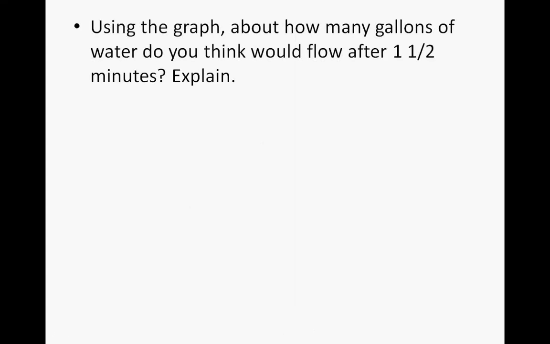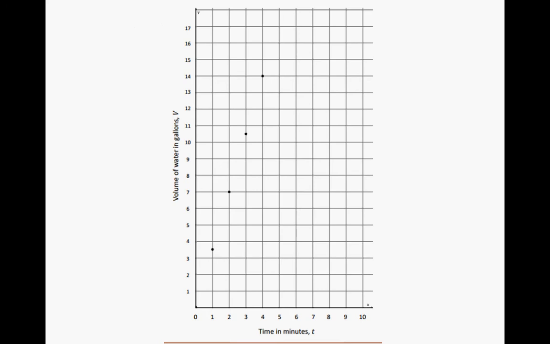So using the graph, about how many gallons of water do you think would flow after 1.5 minutes? Explain. So if we go back to the graph, we would find 1.5 minutes, and if we were to have a line drawn here, we would notice that it would cross that line about between 5 and 6.